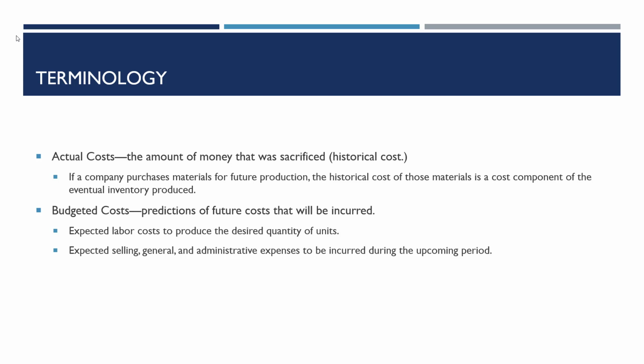It's how much you intend to spend on selling expenses like advertising, on other general expenses, and on your administrative costs during the upcoming period. And every single period you are going to predict and have budgeted costs, and you're going to record your actual costs that are incurred so you can compare those two later.